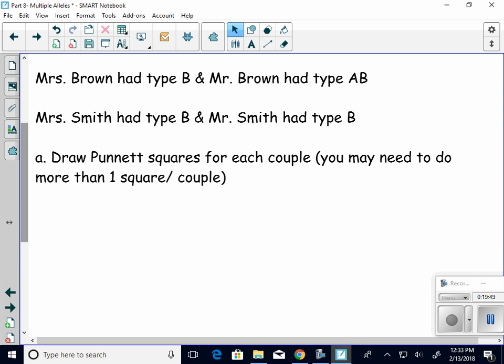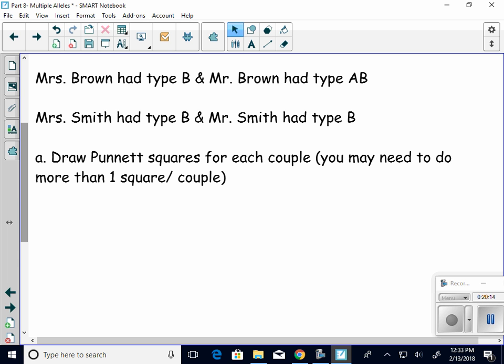All right. Okay. Maddie just said it cannot be Mr. Brown's kid. It can't be the Browns because Mr. Brown has AB. He doesn't have any O's, does he? Does that necessarily mean it's the Smiths?